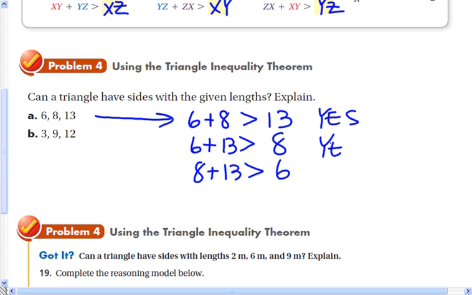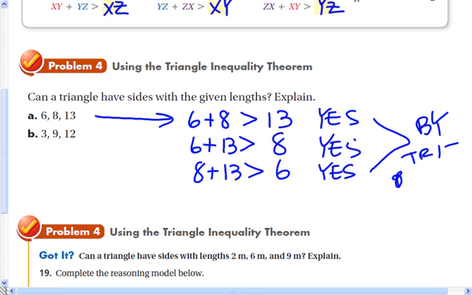And all of these are true. So yes, by the triangle inequality theorem, you could have a triangle with lengths 6, 8, and 13.